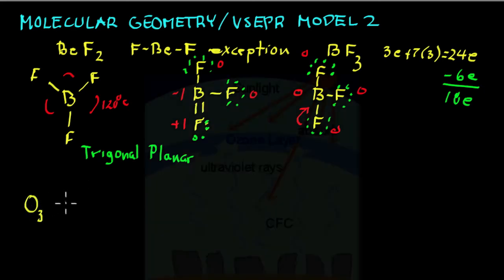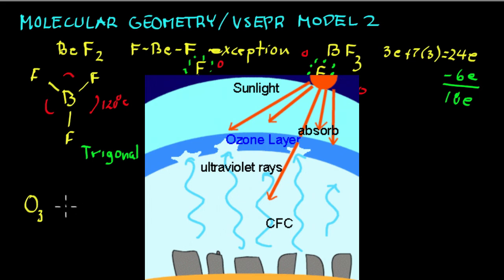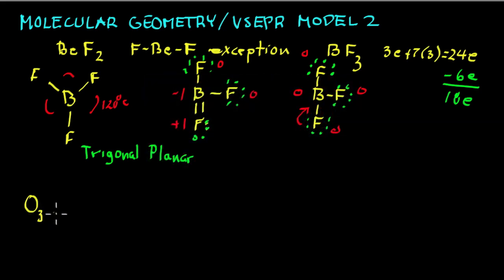It's an allotrope of oxygen. Very good up in the stratosphere, protecting us from harmful radiation, but not good down on Earth, just pollution. So we have 18 electrons here, 6 for each one. And we must have at least one bond between them.